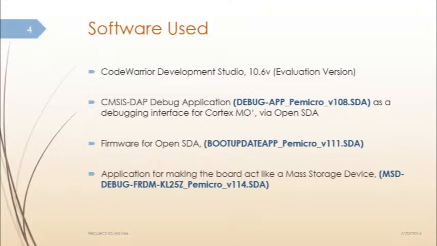Secondly, we have a firmware for OpenSDA by the name Boot Update App given by PE Micro. Lastly, we have a file which converts the board into a mass storage device. The file is by the name MSD debug followed by the board name given by PE Micro.